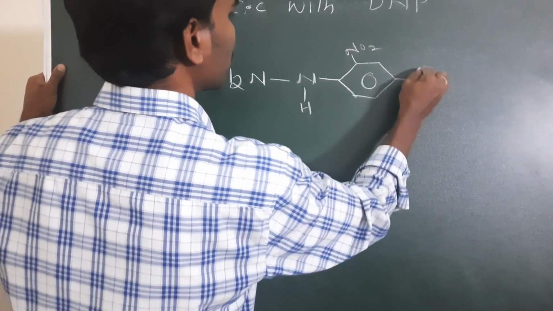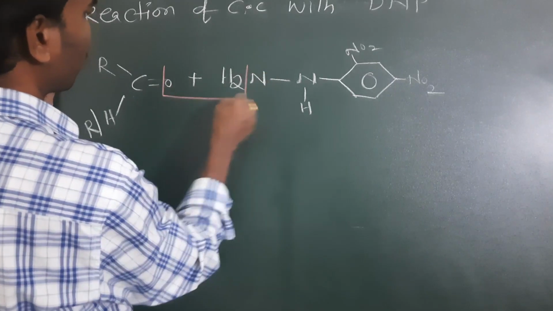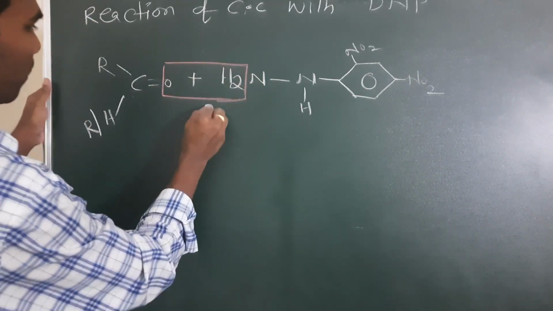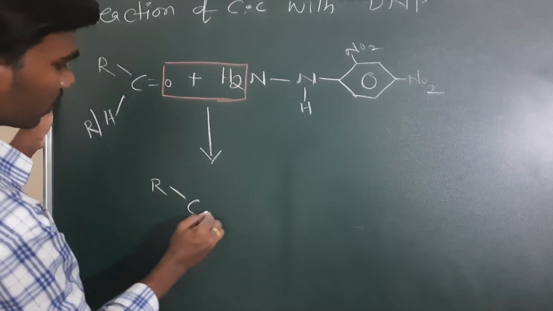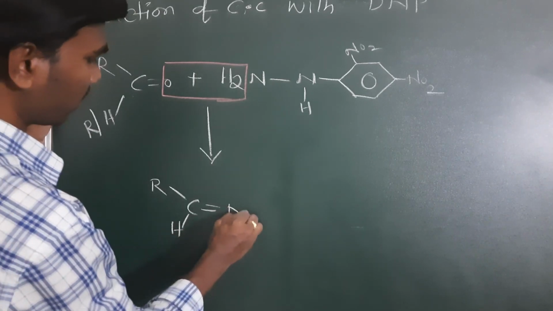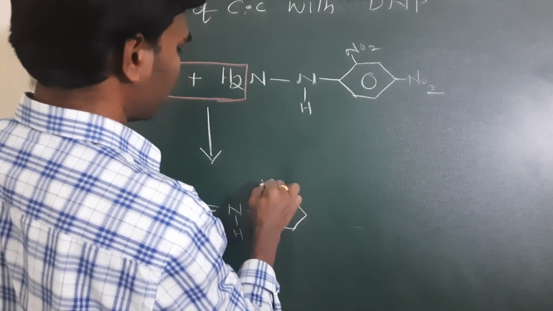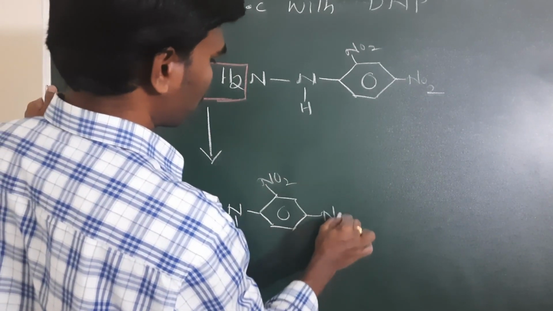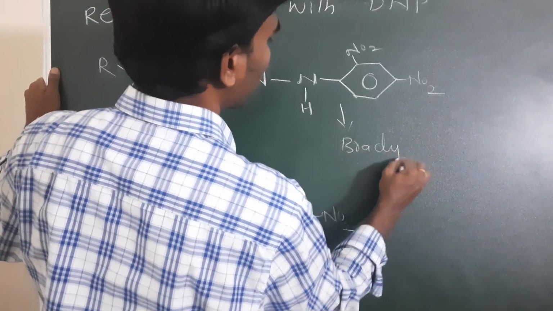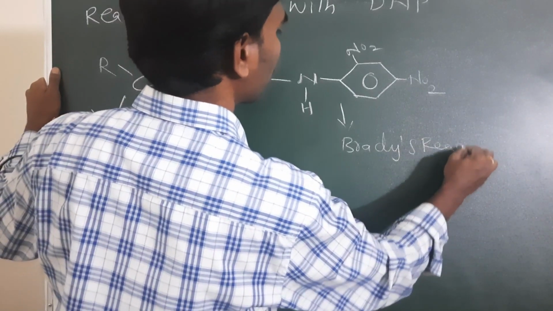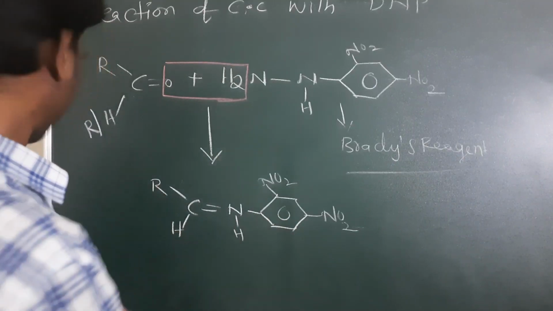What I told you about how to write the product: simply remove the water molecule, and the expected product is the hydrazone. Writing the product is very easy here. This is 2,4-dinitrophenylhydrazine, and one more name is there: we call this Brady's reagent, also 2,4-DNP.